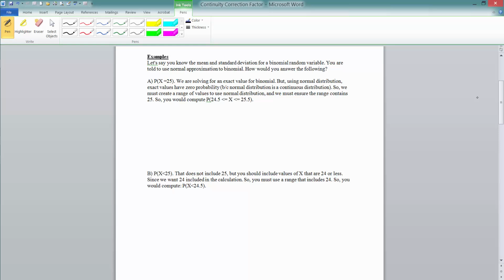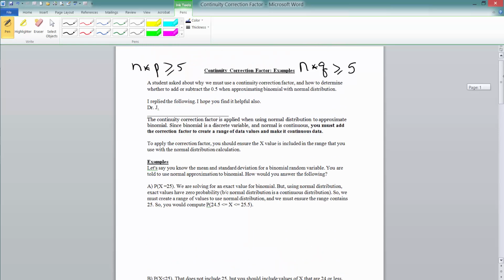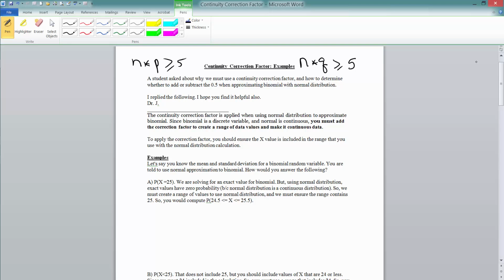Now remember, for a discrete distribution, we can compute the probability of an exact value. But for a continuous distribution, such as normal, we cannot have the probability of an exact value, or actually such probability exists, but it's going to be very, very close to 0 for an exact value.